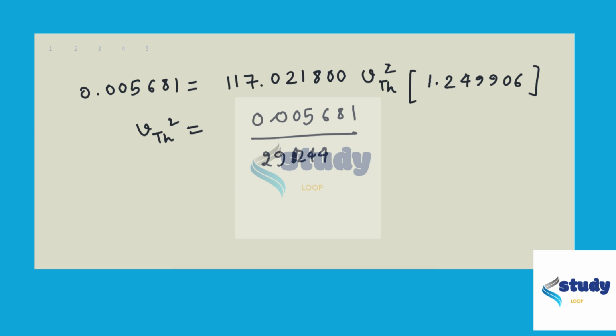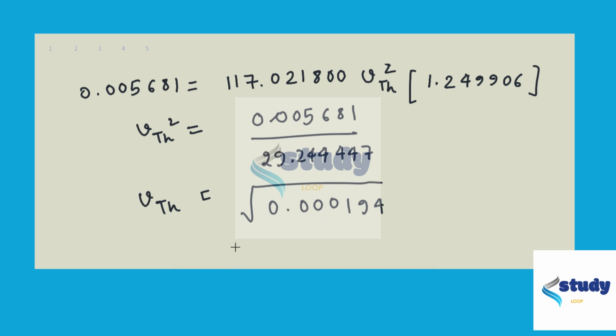This is not good. 29.24447. Right? And how much does that give you? 0.005681. V thorium is the square root of 0.1114. Right? That's it. Alright.